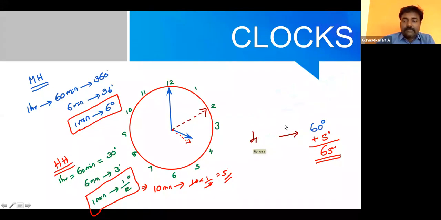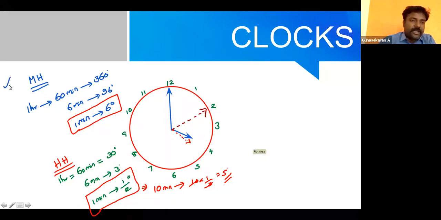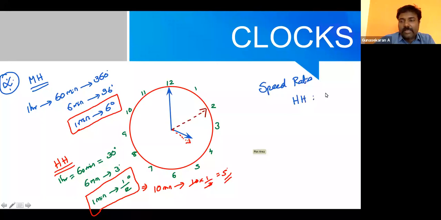Okay, leave that. We have a formula anyway to find the angle between minute hand and hour hand. But the point is, the minute hand moves 6 degrees every minute, the hour hand moves half a degree every minute. And the speed ratio of hour hand to minute hand is 1 by 2 is to 6. So what is the exact ratio? Minute hand to hour hand, final ratio. 1 is to 12.